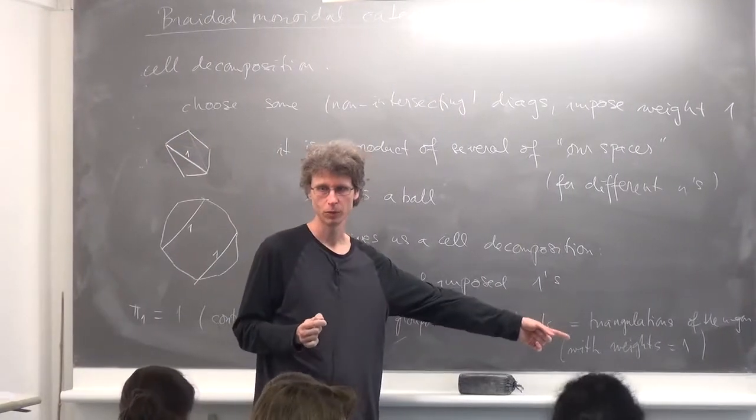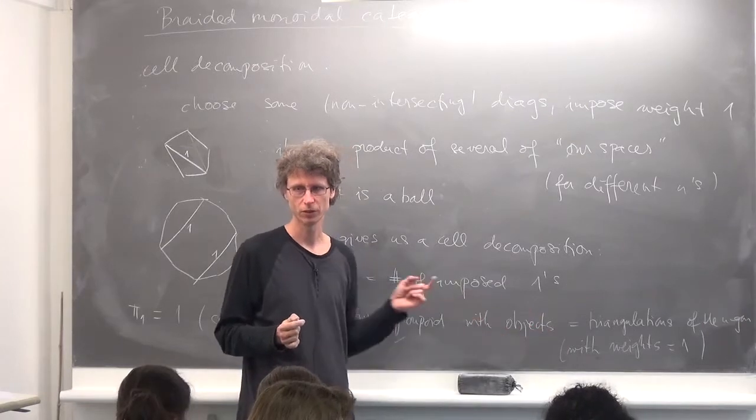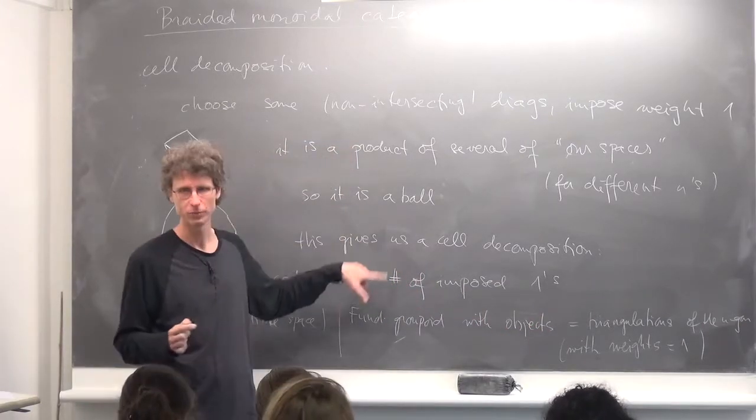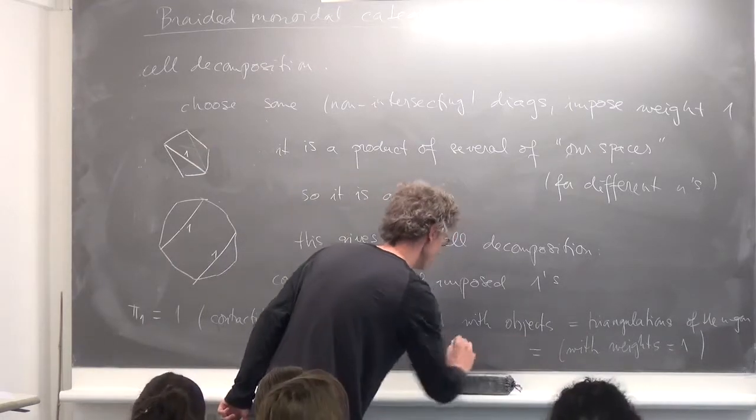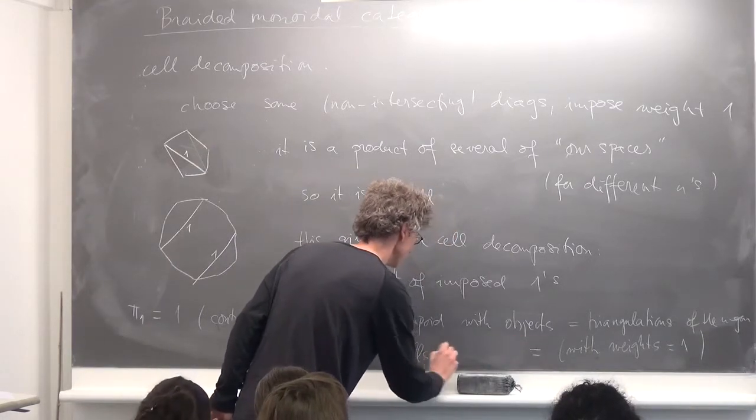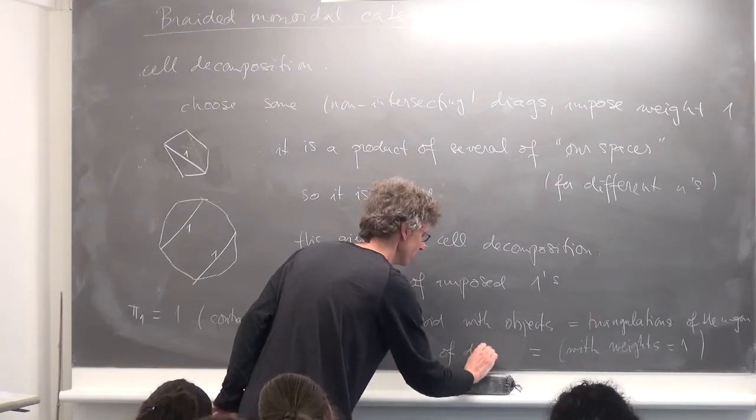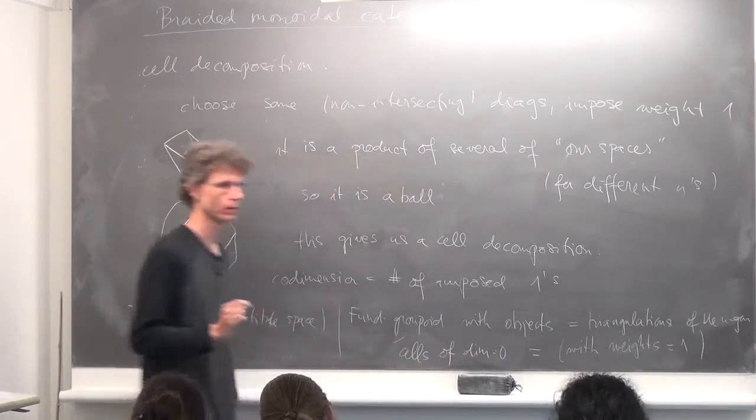So why am I using these points? Because they are exactly cells of dimension 0. Right? So these are the same as cells of dimension 0.